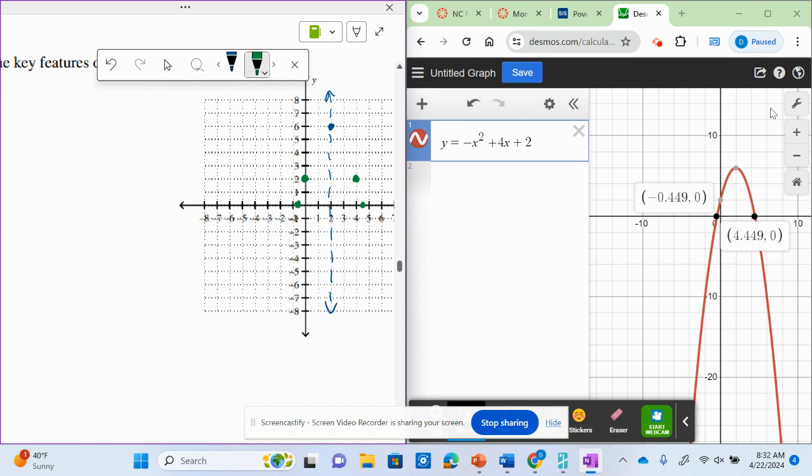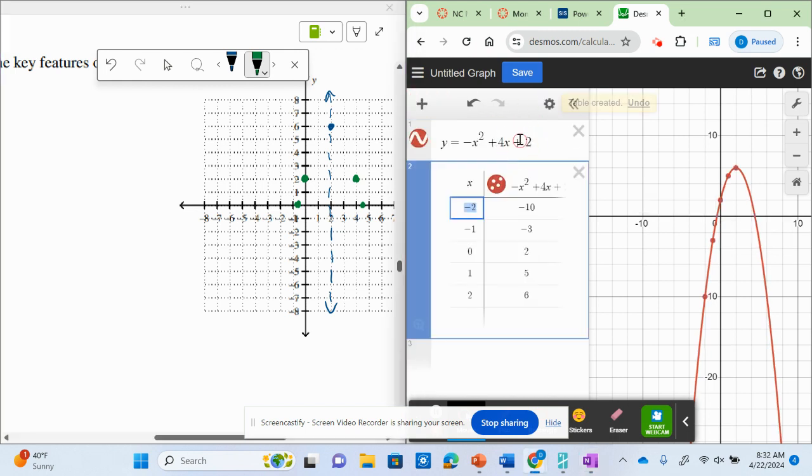But what if I wanted another exact point? How could I find those? Yeah, I clicked on the gear to get a table of values. So I want to see what happens maybe when x is negative 3.